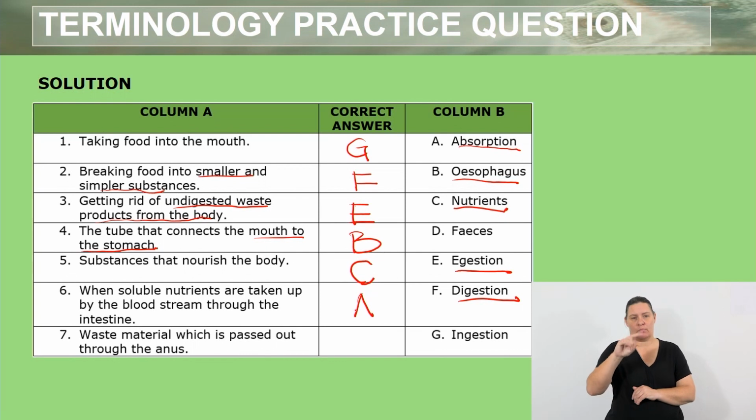Very good. So the answer here is A. Then our last one is waste material, which is passed out through the anus. That is known as the feces, which is alphabet D. So if you got all of them or almost all of them, that means you were paying attention during the lesson. Congratulations. Let's move on to our second activity.